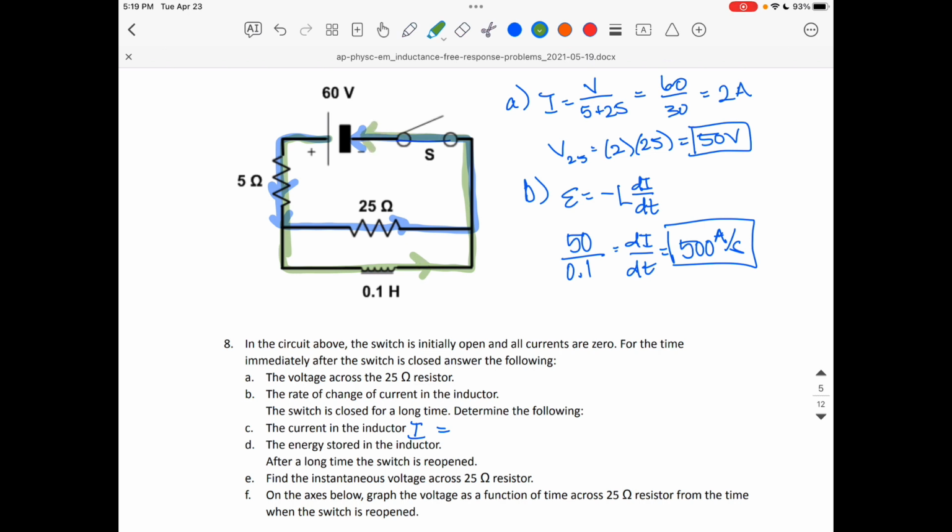So the current in the inductor is just going to be the full voltage of the battery divided by the resistor. Now that it's only going through one resistor, the 5 ohm resistor, that gives me 60 over 5, and that is 12 amps.